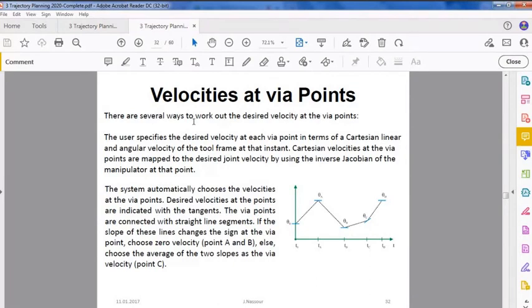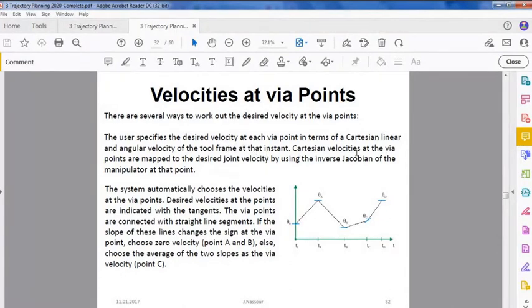So there are several ways to work out the desired velocity at your via point. The user specifies the desired velocity at each via point in terms of Cartesian linear and angular velocity of the tool frame at that instant.